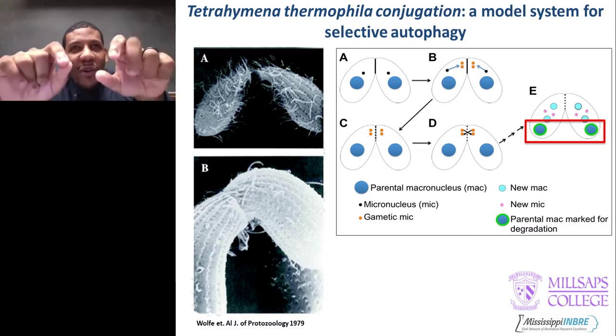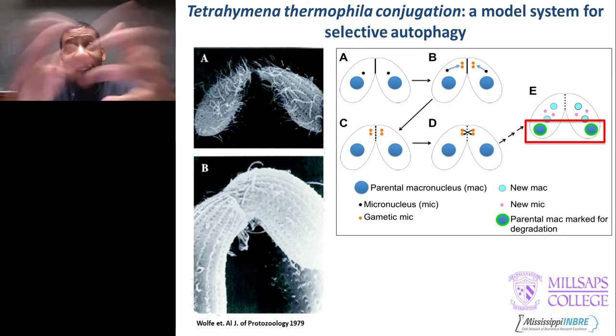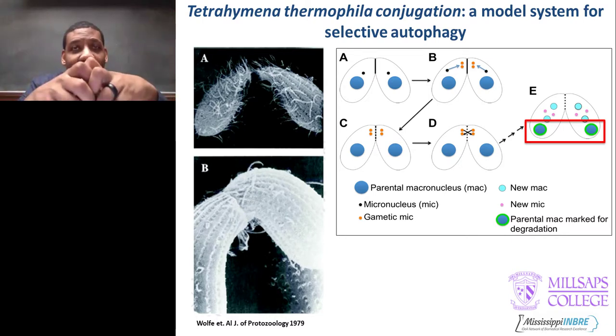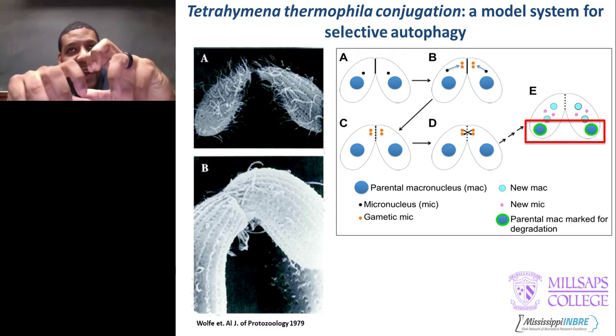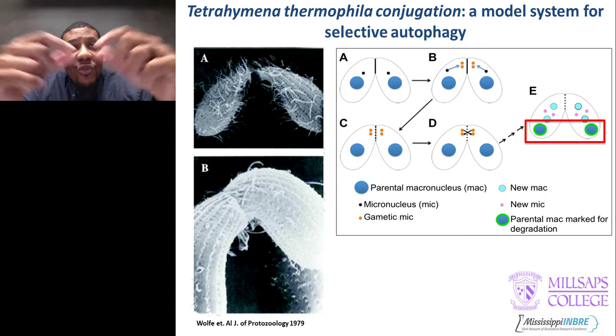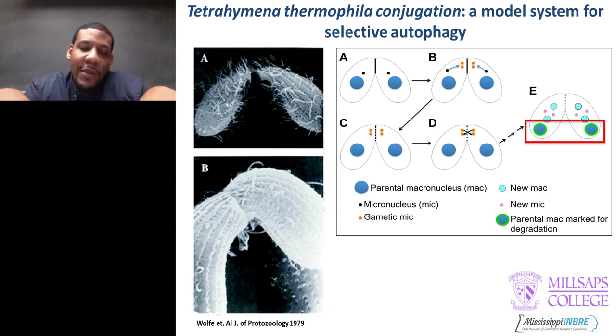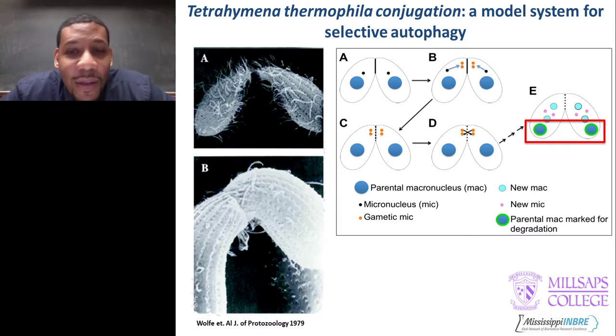And so in order for the phenotype of these cells to change under these starvation conditions under which they're mating, they have to make new macronuclei. And the way new macronuclei are developed is by several divisions from the micronuclei that were exchanged between the Tetrahymena within this mating program, okay? So, or I should say, from the fusion of the exchanged nuclei that were exchanged during this mating program.